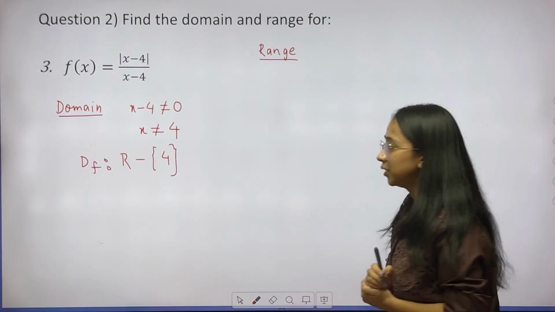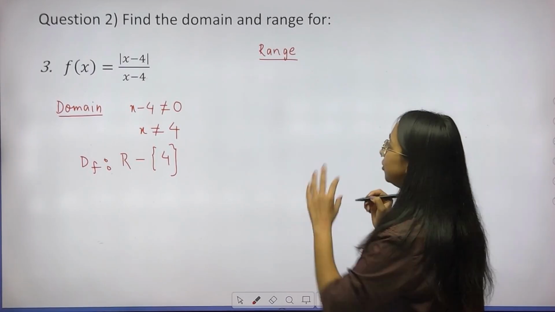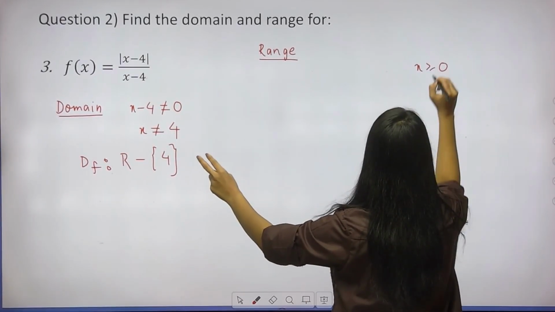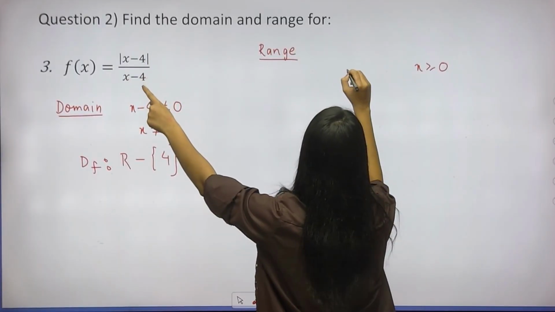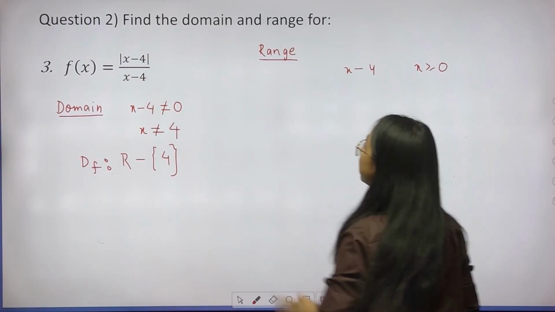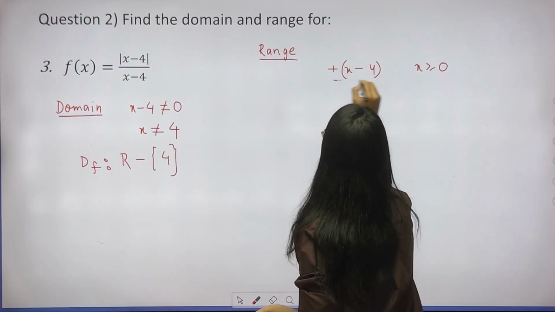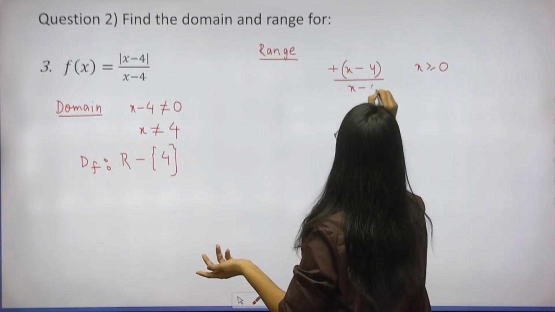Okay, now let's find the range. For finding the range, we already know that for x greater than or equal to 4, modulus of x minus 4 will be x minus 4 only. It will be a positive value, and it is being divided by x minus 4.